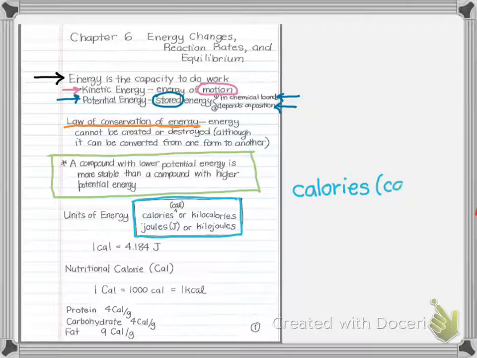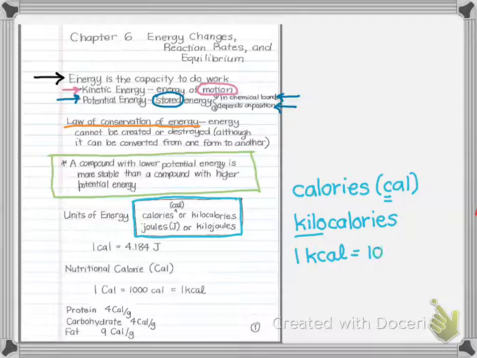However, when we're talking about a chemical reaction, the abbreviation is a lowercase c. Okay, I'll explain in a minute. A kilocalorie, it means 1,000, right? That's what kilo means. So if I have a kilocalorie, that would be 1,000 of the little calories. So 1 kilocalorie would equal 1,000 calories. And again, notice that I'm using a lowercase c.